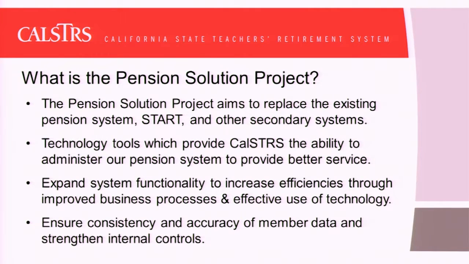And lastly, one of the key items, with the new system coming in, there will be a lot more benefit and opportunity to put in more controls in terms of consistent data coming in, auditing that data, and just give us a little tighter controls with some of our data.